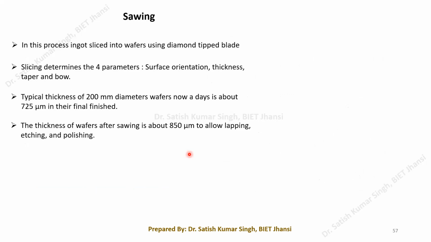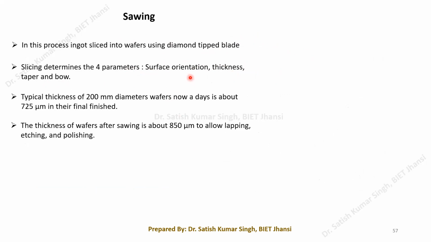In the sawing process, we have to cut the wafers from the ingot, and then we get a circular disc-like shape. When we cut the wafers out of the ingot, this slicing process determines these three things.